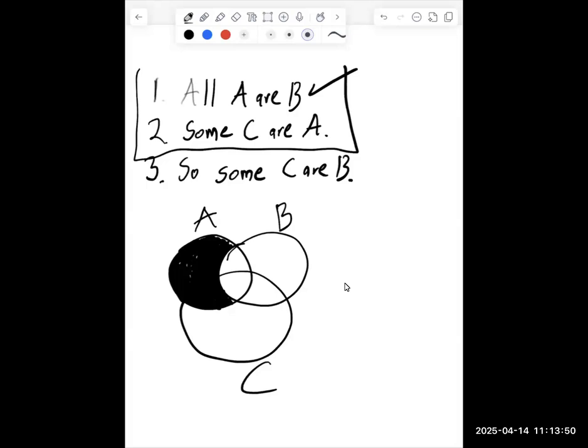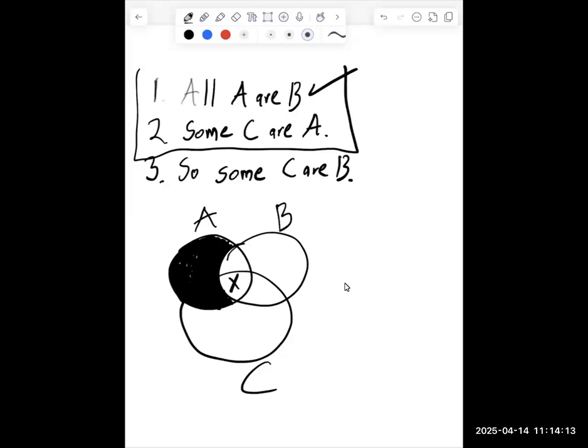A is blacked out. Now we have some C are A. So she can only put, she has to put where C and A overlap, and she can't put in this black space, right? So she has to put her X here.